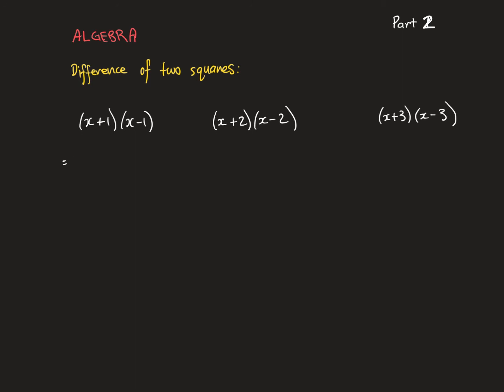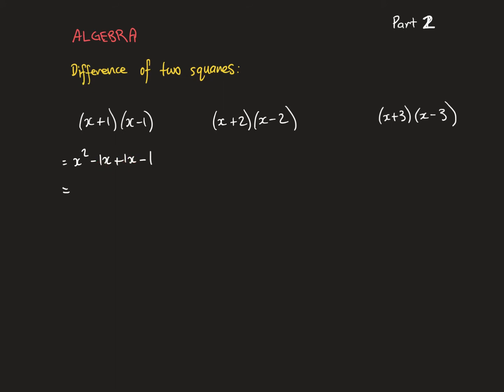So the first gives us x squared, the outside gives us negative 1x, the inside gives us positive 1x, and then the last terms give us, what's 1 times minus 1? Well, that happens to be minus 1. Now, what you'll notice is if we've got a minus 1x and a plus 1x, they actually cancel each other out.